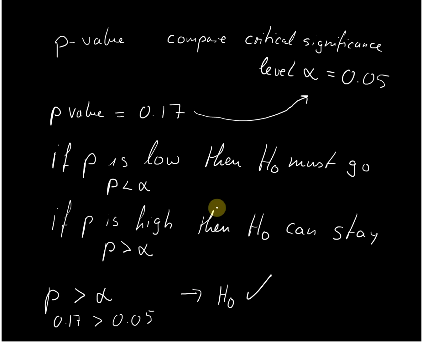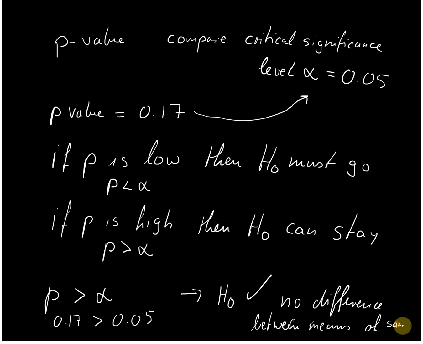So we can say there is no difference between the means of the samples. Running out of space. So let's do a few more examples.